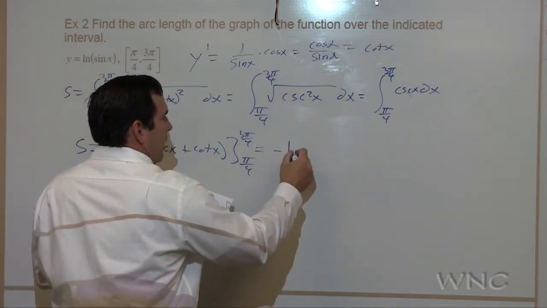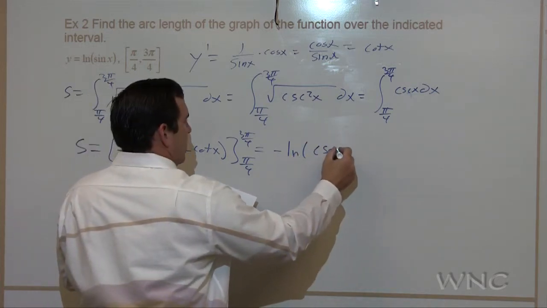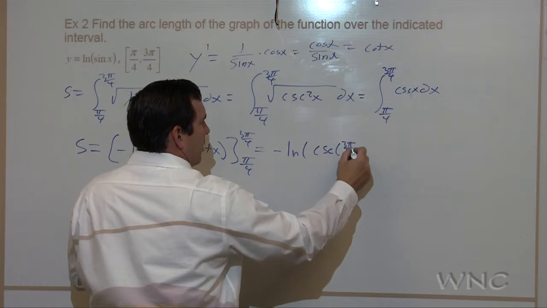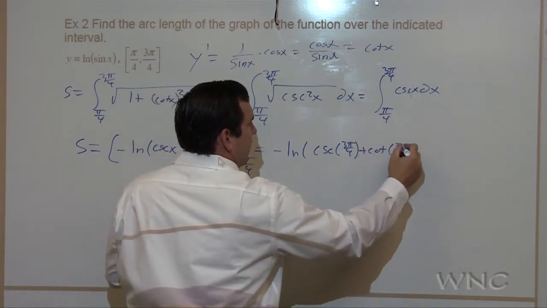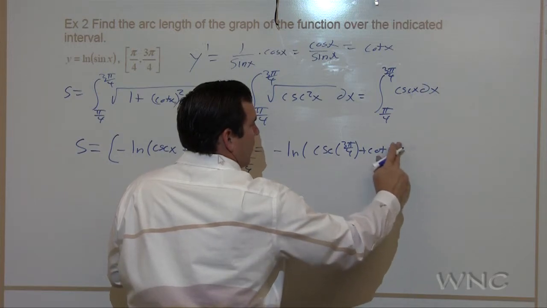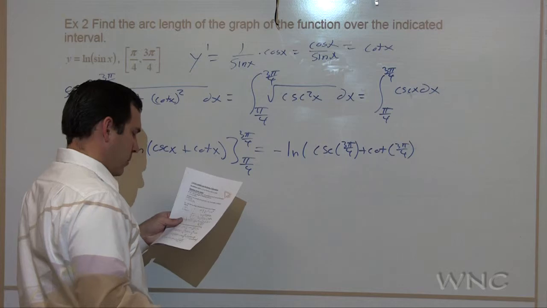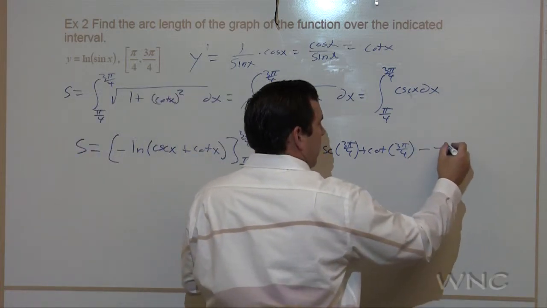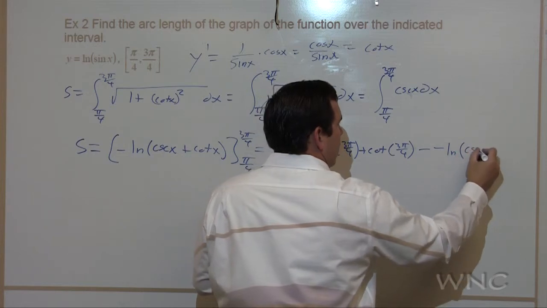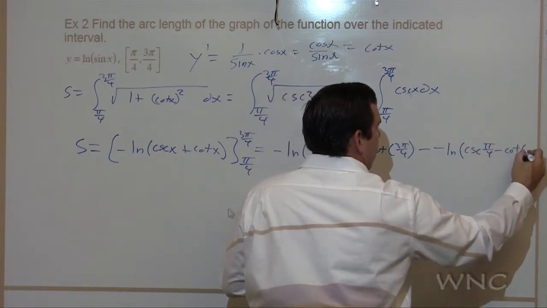That's negative natural log of cosecant of 3 pi over 4 plus cotangent of 3 pi over 4, minus the negative natural log of cosecant of pi over 4 plus cotangent of pi over 4.